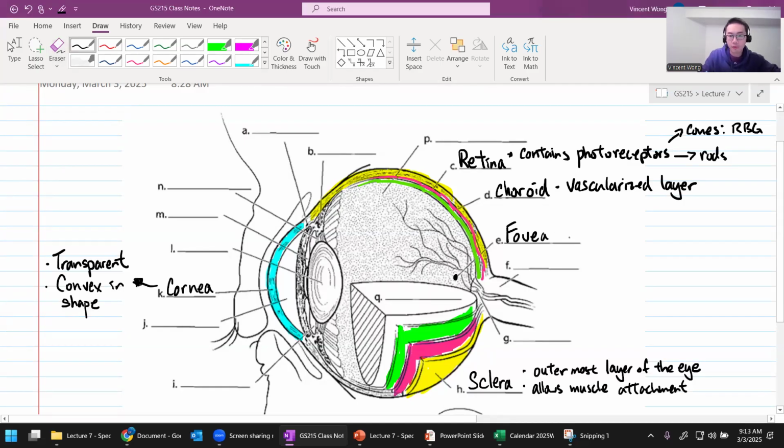We just call it fovea. The fovea contains the highest density of cone cells. It creates the sharpest image.